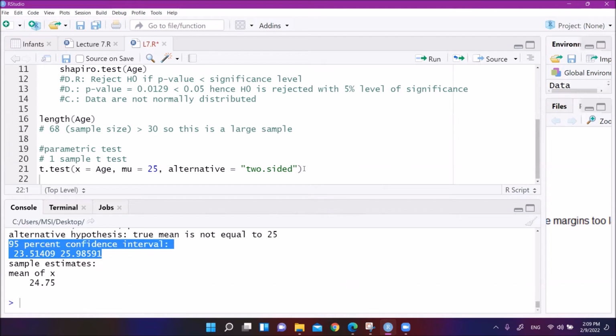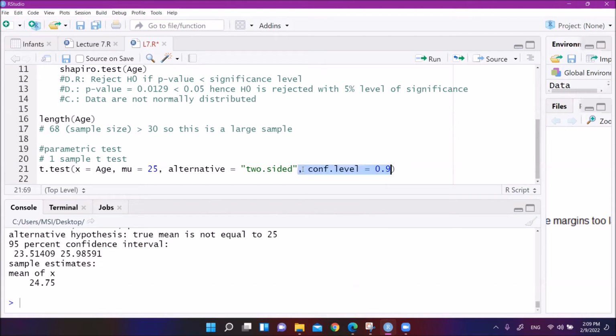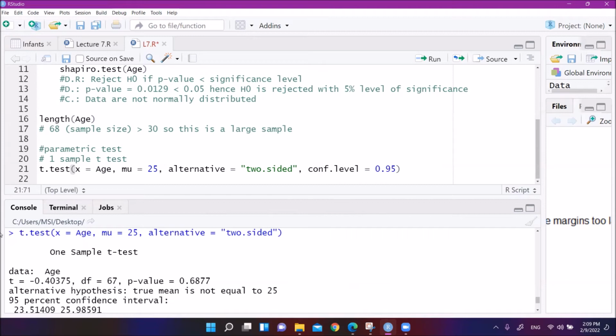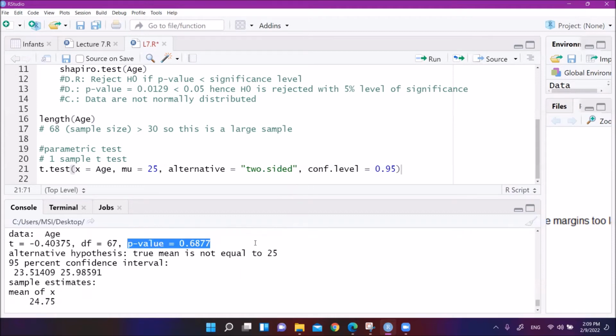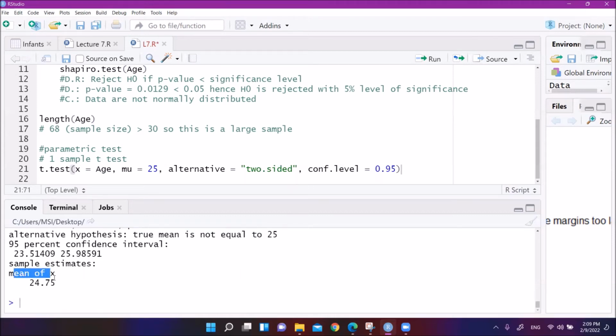So just to practice, you always give all these arguments. Even without giving this, you can get the p-value. Just because we are doing a hypothesis test here, we are interested only in the p-value. We are going to compare this p-value with our significance level, right? And it gives the mean of x also.